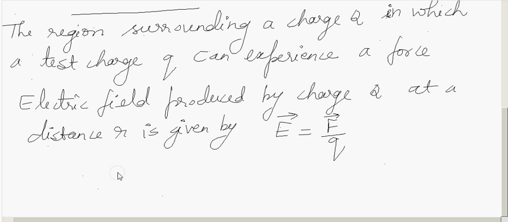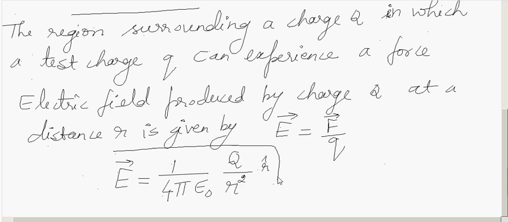So this electric field is given by 1 by 4 pi epsilon naught into Q divided by r square. It is a vector quantity, so it is multiplied by unit vector r. So electric field is a vector quantity.